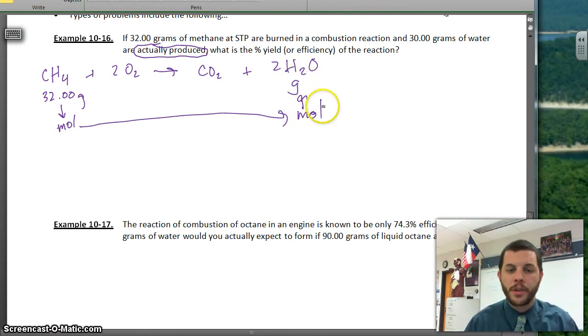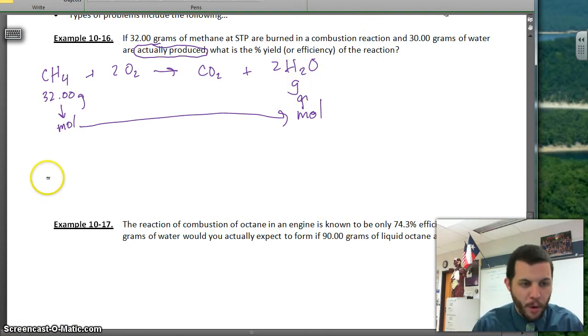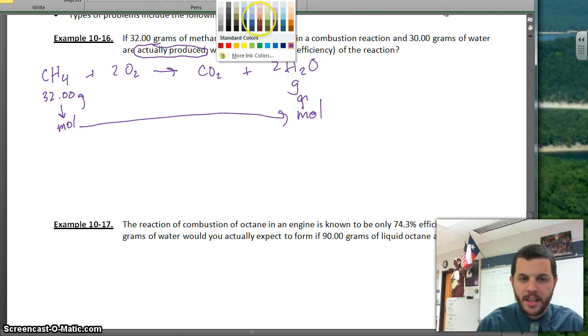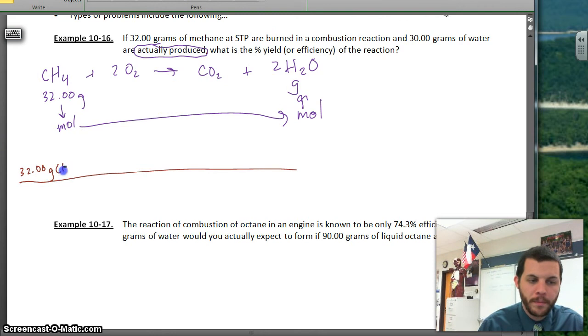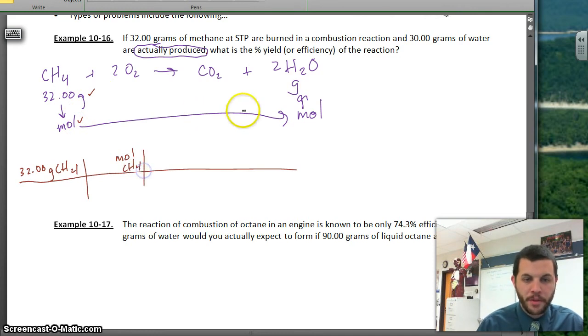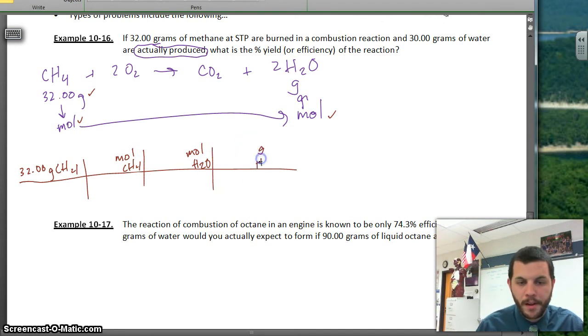So in order to figure out my amount of grams, of course, I am going to build a T-chart. I've got 32 grams of CH4, and we're going to go from grams of CH4 to moles of CH4, from moles of CH4 to moles of H2O, and from moles of H2O to grams of H2O.